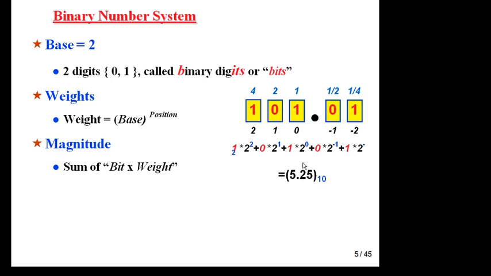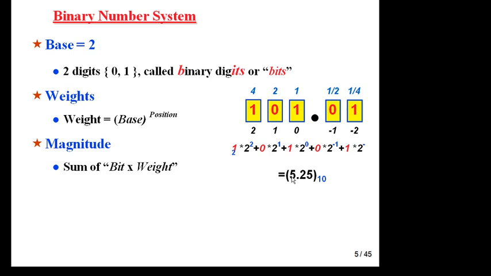Now one thing, you can apply a shortcut method here. Just write down positional weight. What is the positional weight? Its positional weight is 1, 2, 4. Just add positional weight where the value of digit is 1. In this case the value of digit is 1, and in this case 1. So 4 plus 1, directly you can write down 5.